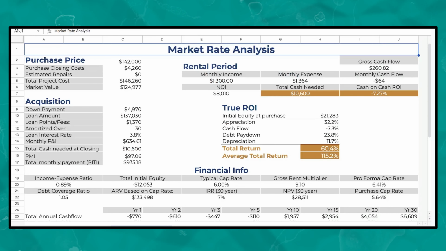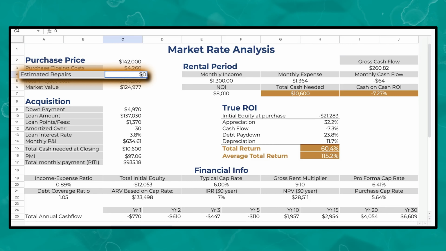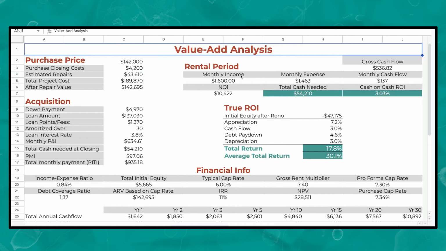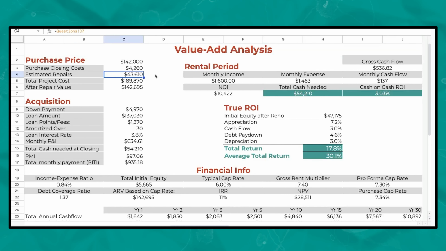Now, when you go to that market rate analysis, a reminder on that market rate analysis, it's as if you're not doing any work to it, right? So you can see that the estimated repairs here is 0. Okay, so this is really truly not important to me because for me, I knew I was going to flip this property. So I went ahead and did the value add analysis. It's the same thing. The only difference is the estimated repairs.